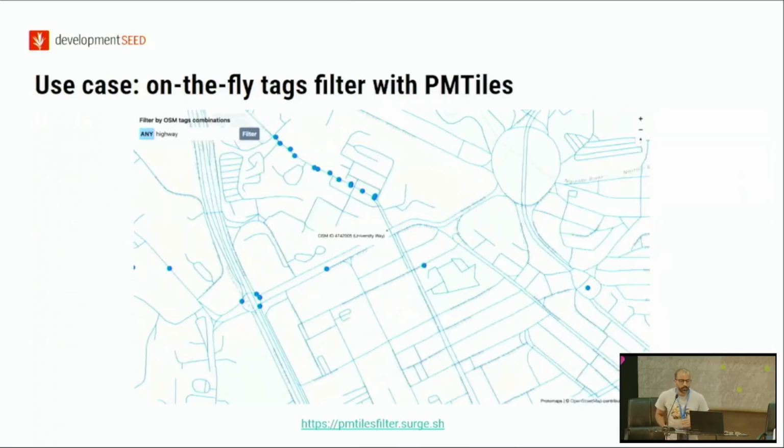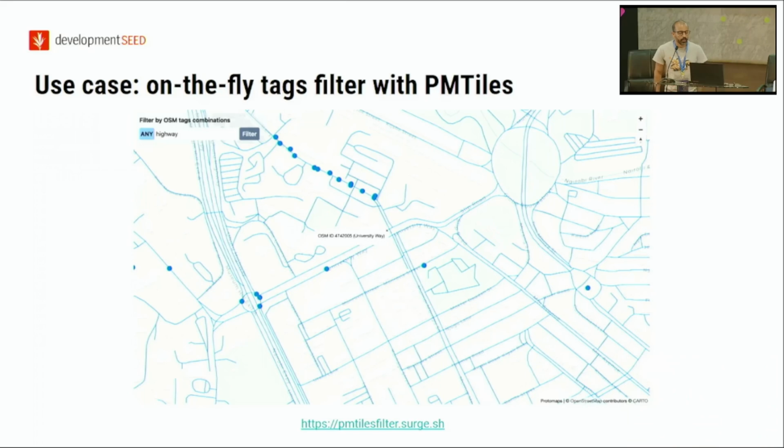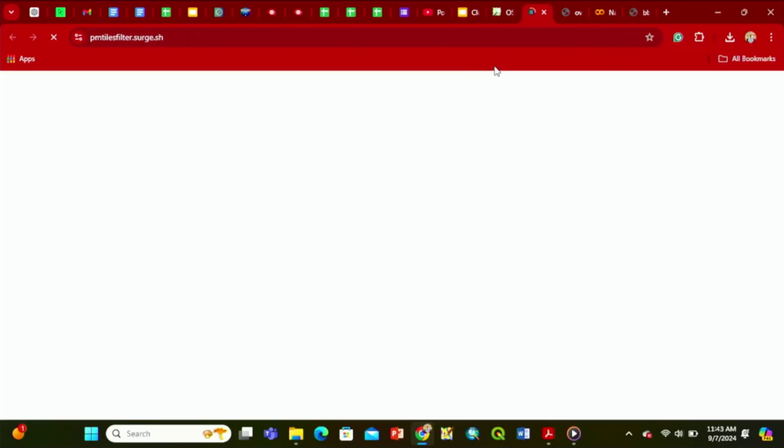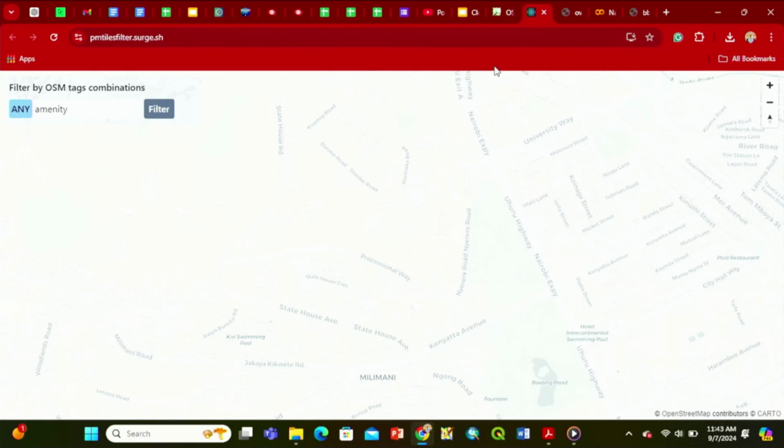So at Development Seed, we have been experimenting with some of the possibilities to deal with OSM data using some of those cloud-native formats. The first experiment that I'll show is just a prototype where I converted some OSM data to PMTiles.